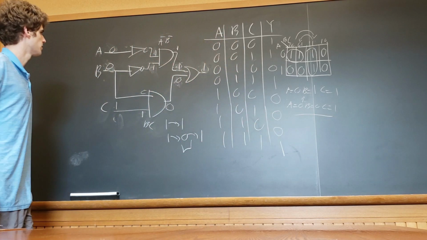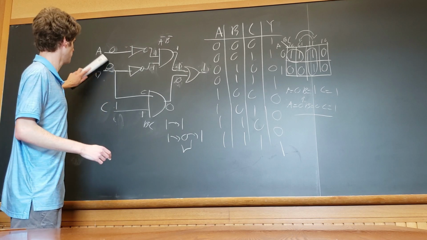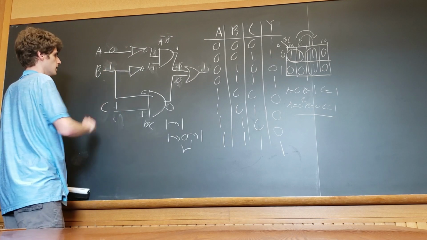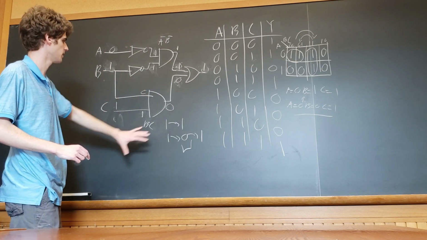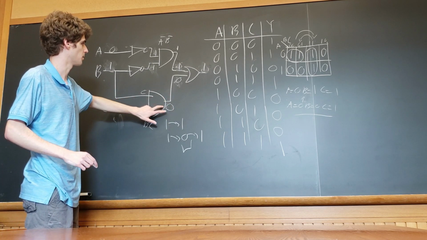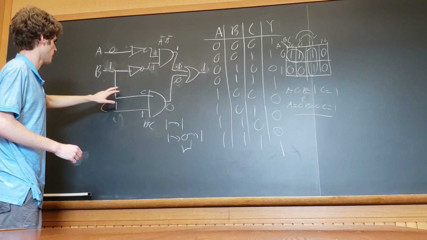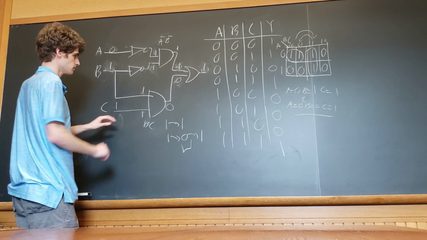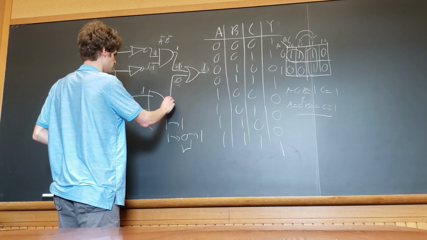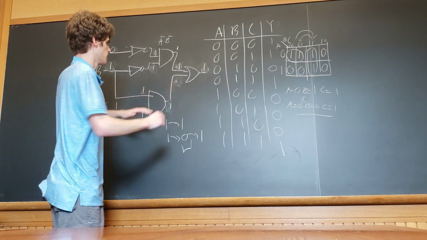And then what happens when B rises? So when B changes to a 1, remember all these are going to update first, since the output value of this AND gate is going to output before the output value of this one. So I'm going to say, okay, I have 1 and I have 1. So that's going to give me an output of 1. And this is going to be 1.